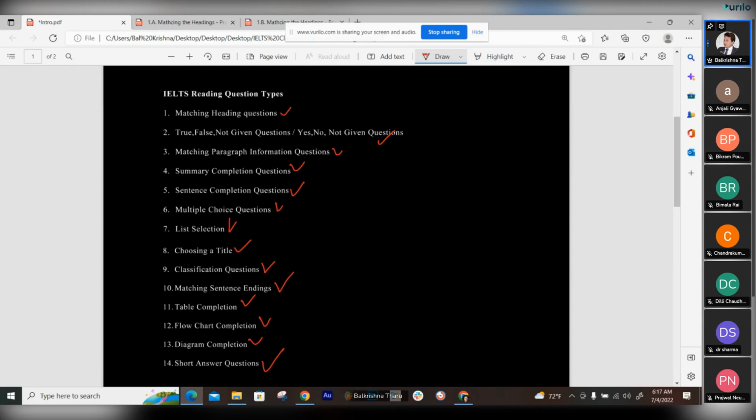And all these different question types need different or similar strategies. Not all question types need different strategies. A few of the question types can be done using similar strategies.